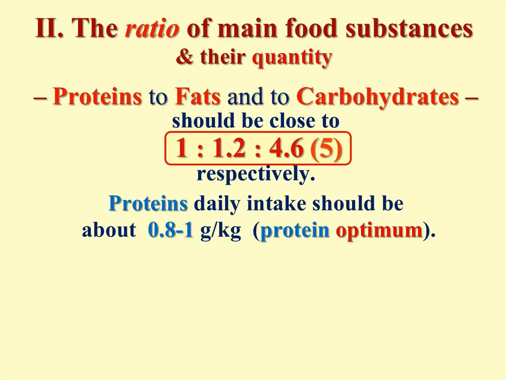They require the intake of proteins to be less than 1 gram per kilogram. 0.75, 0.8, don't look only at the screen values, but listen: 0.75 is the minimal level. It's called protein optimum. It means that we have enough proteins and we don't only replace the degraded proteins, but can also form new substances out of the amino acids received from proteins.